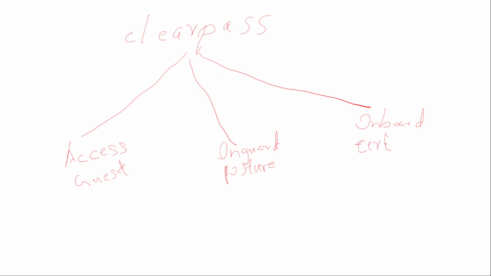It will provide a unique device certificate and then onboard the device with it. This will work with EAP-TLS. Onboard is applicable per user, OnGuard is per device, and Access is based on concurrent sessions. So this covers basically the licenses supported by the ClearPass product.